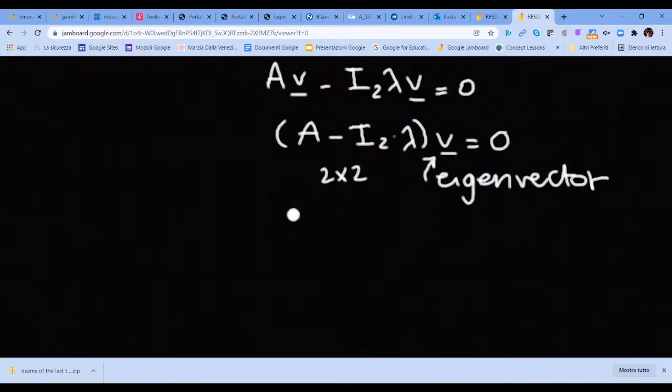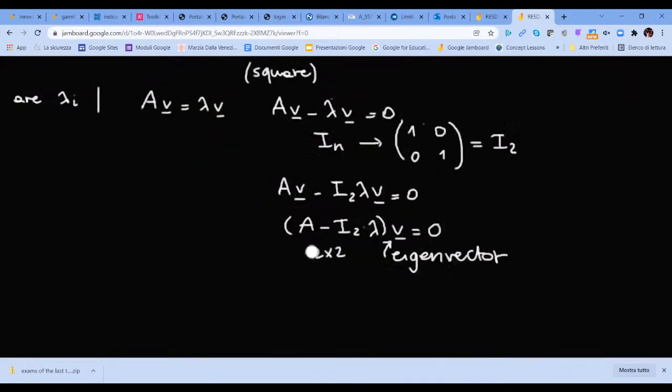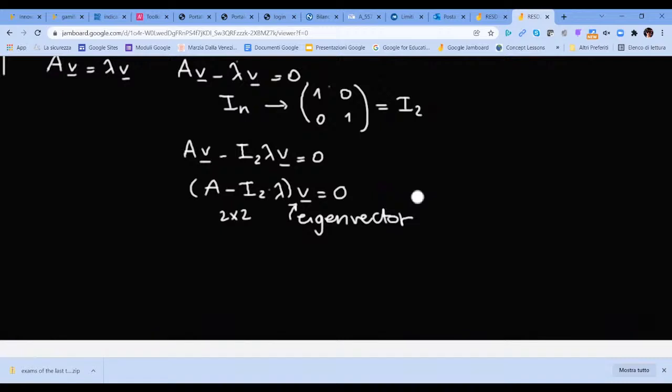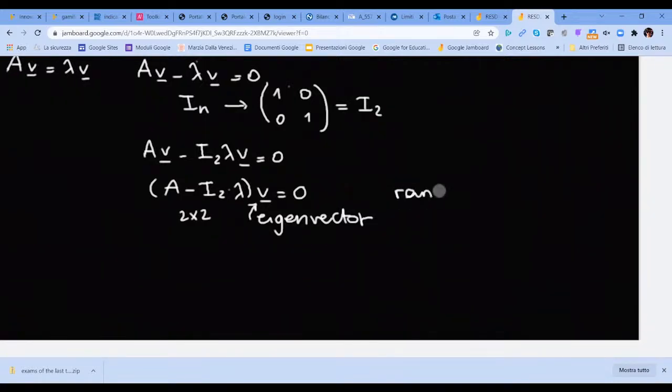Okay, and we know that if we solve a linear system, there is a unique solution if and only if the rank of the matrix is the maximal rank, so it should be 2. So we should state that the rank of A is not maximal.